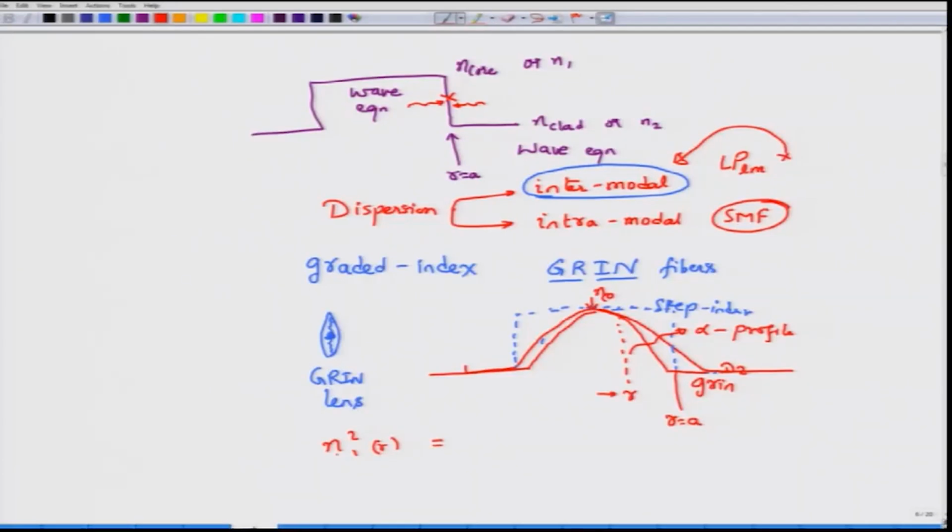This N1 square of r can be written as N1 square minus 2 delta (r by a) raised to the power alpha, where a is the radius of the core and alpha corresponds to the grading profile. In fact, we can show that the step index profile corresponds to alpha equal to infinity, or alpha being very large, so that it can be approximated to infinity.